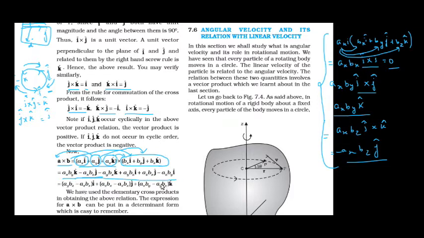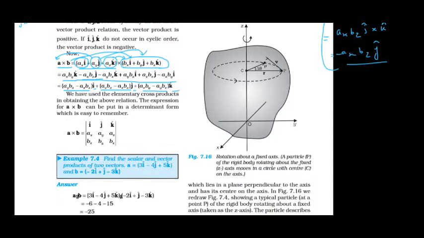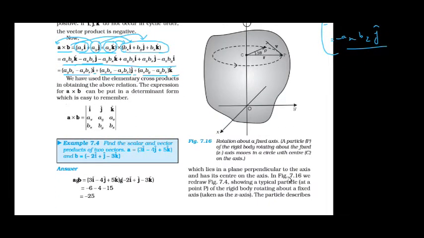Now in this line, once we get this, we can take i common, j common and k common. So this is along the x-axis, this is along the y-axis, and this is along the z-axis. We have used the elementary cross product in obtaining the above relation.